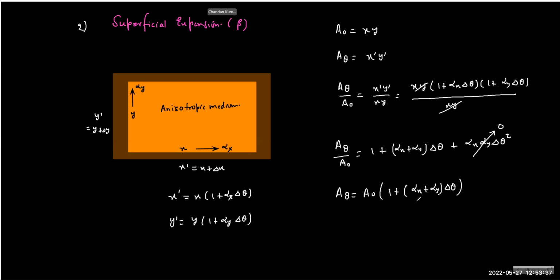So we prefer to call this term beta, which is the temperature coefficient of superficial expansion.